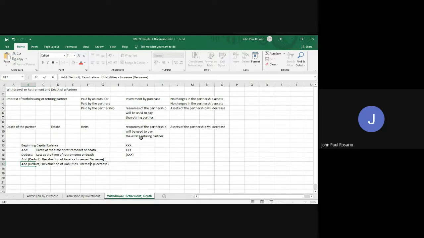I-add mo ang decrease in liability and i-deduct mo ang increase in liability. Okay? Next. And then you'll get your adjusted capital at the time of retirement or death.